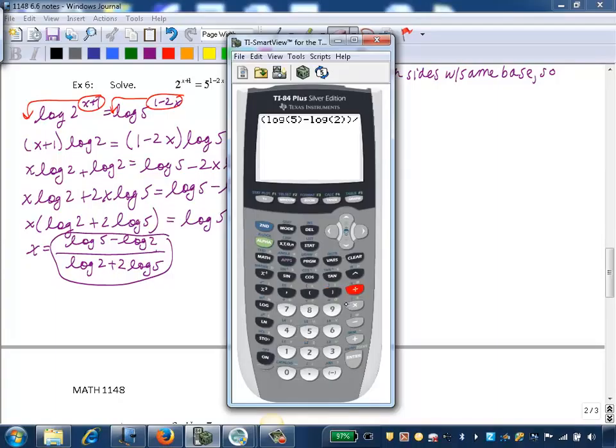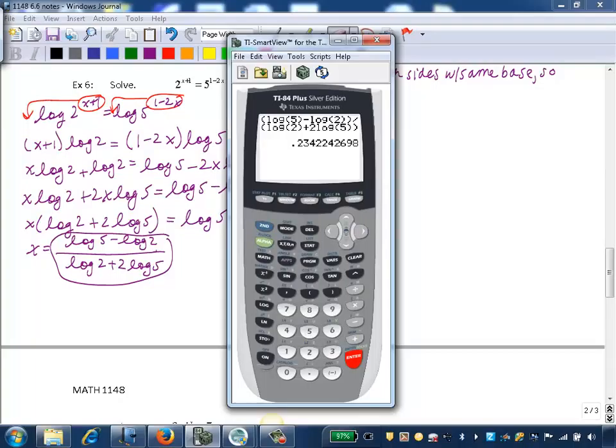There's my division bar. And now I need a new set of parentheses to enclose both terms in the denominator. So I want log 2 plus 2 log 5. And then I'll close those entire parentheses on the denominator and hit enter. And we get approximately 0.234.